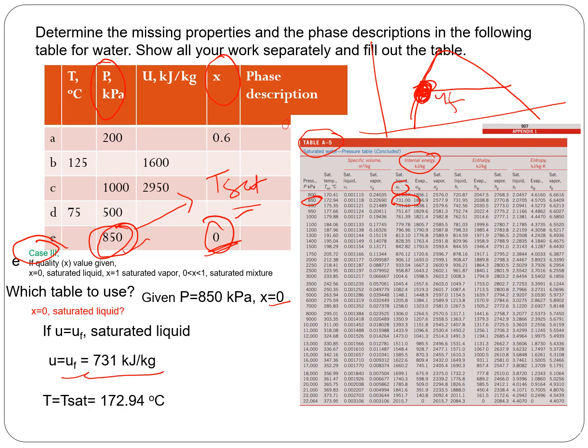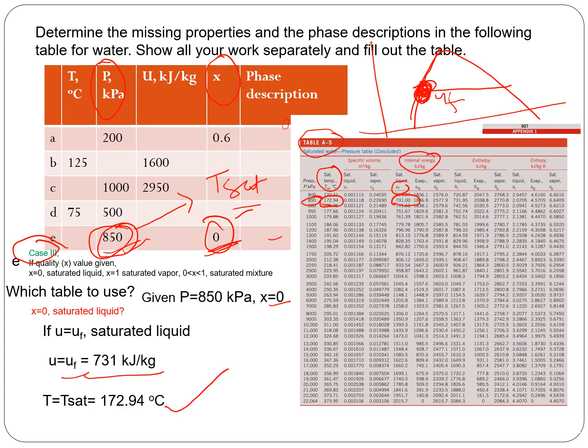This value is given here, in the saturated region, so 172.94, which is the saturation temperature corresponding to 850 kilopascal. So this is the temperature, so we fill in the blanks for everything.